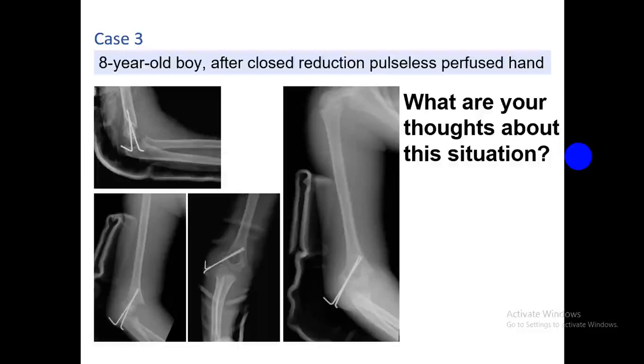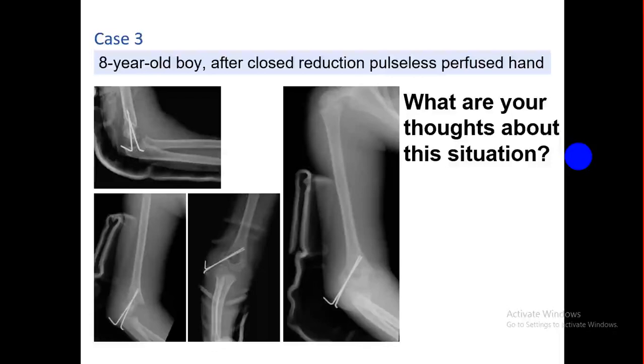Case number 3, an 8-year-old boy after closed reduction, again, unacceptable reduction, as you can see here, malrotation there. What are your thoughts about this? This is a hand which is well perfused, but it's pulseless. And you see these a lot. You reduce the fracture, you put it in a slab, and you put your hand over the radial pulse, you can't feel it.